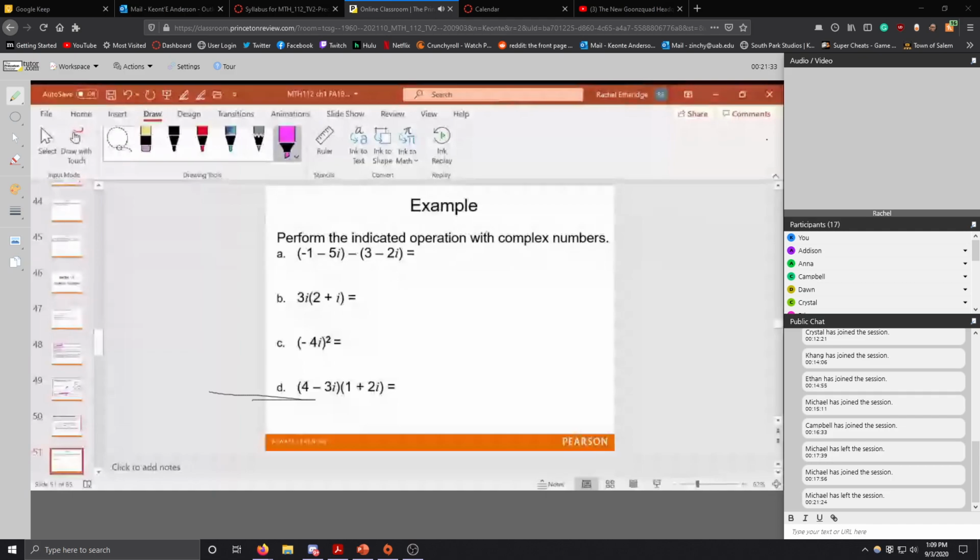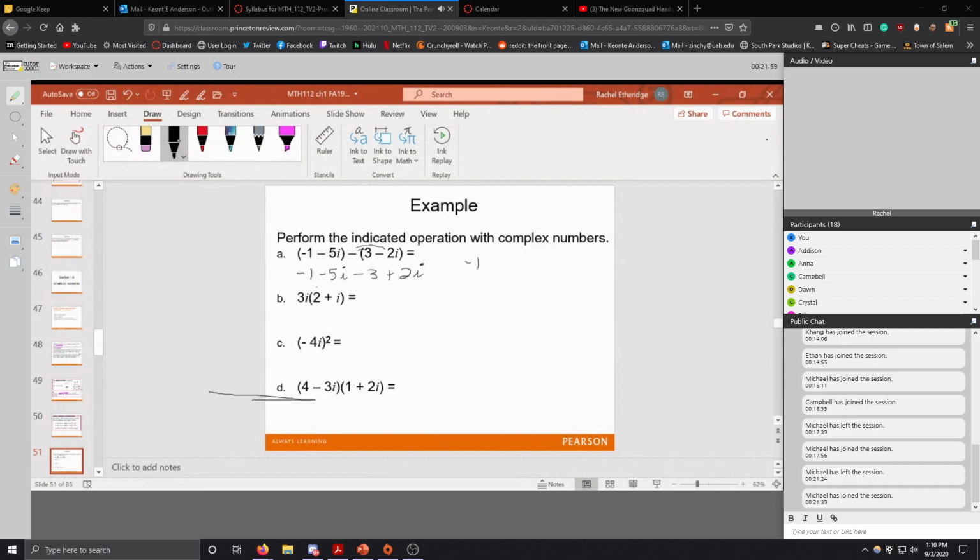So in this case, we have -1 minus 5I. Then we want to distribute this negative into this parentheses. So that will be -3 plus 2I. Then we could come over here and combine the real parts.